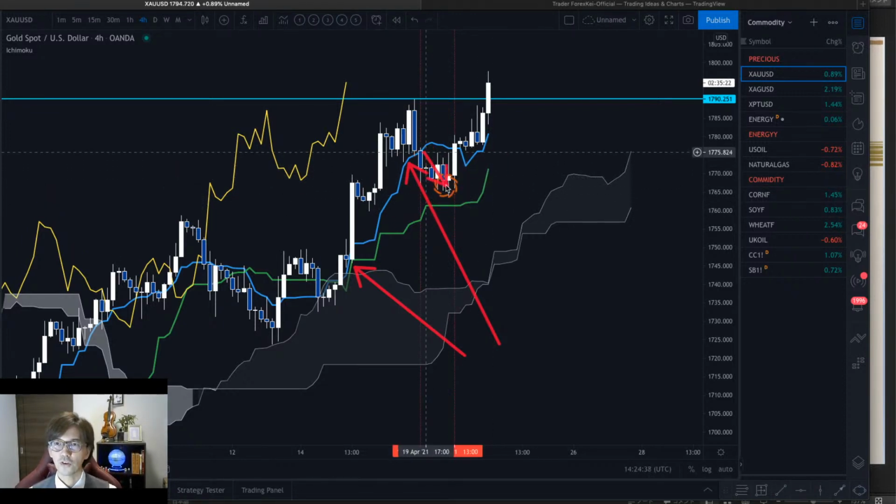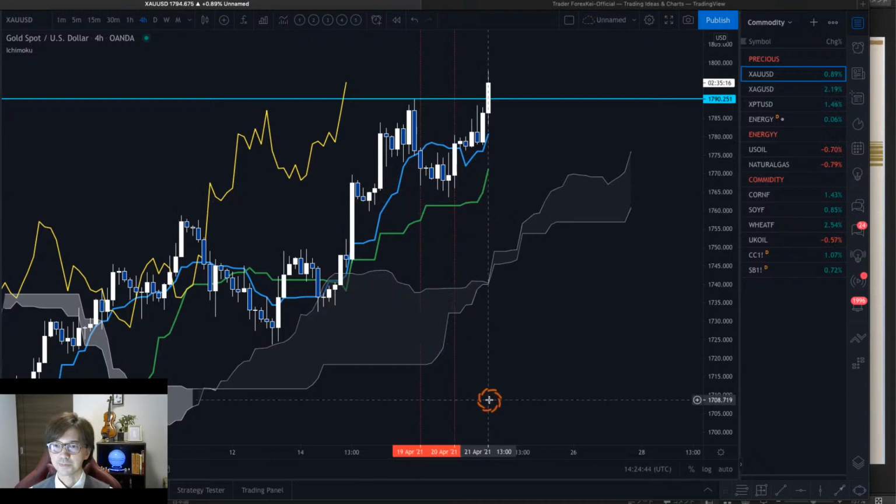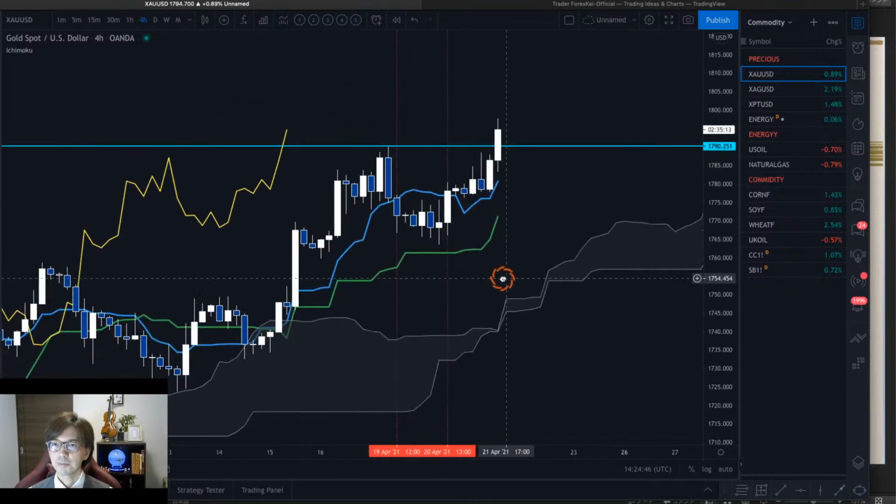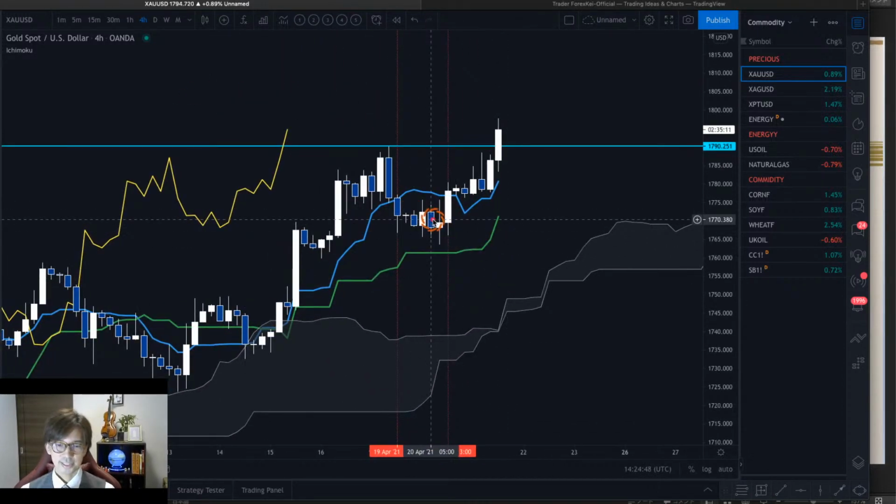I won't look for any buy chance on these 1, 2, 3, 4, 5, 6, 7 candles, because it's been ranging and the market was below the Tenkan-sen. But once it comes above the Tenkan-sen, you can look for the buy chance afterwards in this area and expect the market breaks the resistance line towards this way.